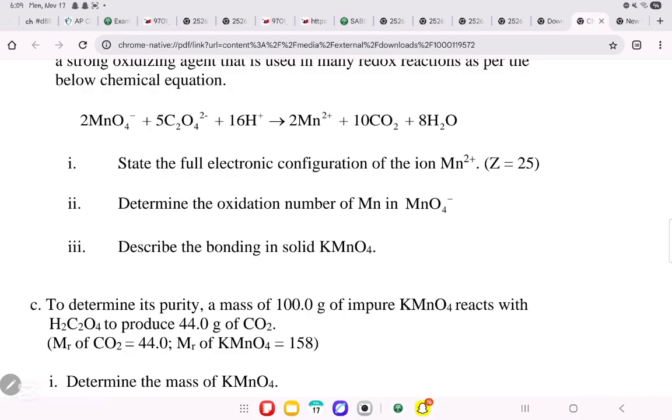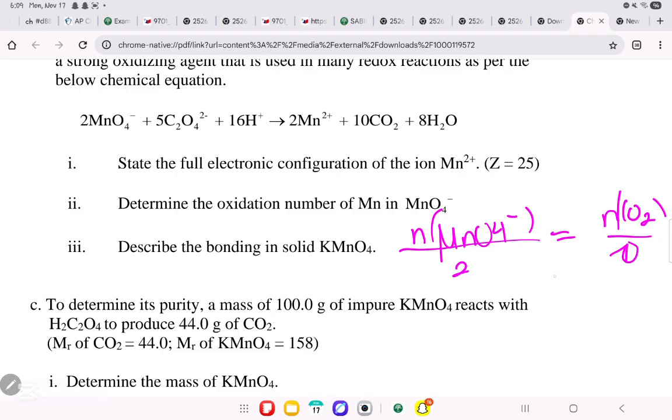With carbon dioxide and MnO4 minus. So finding the number of moles of MnO4 minus, you're going to divide it by the coefficient. It's equal to the number of moles of carbon dioxide divided by the coefficient, which is 10. So when you do cross multiplication, it's going to be 2 times the number of moles of carbon dioxide divided by 10.